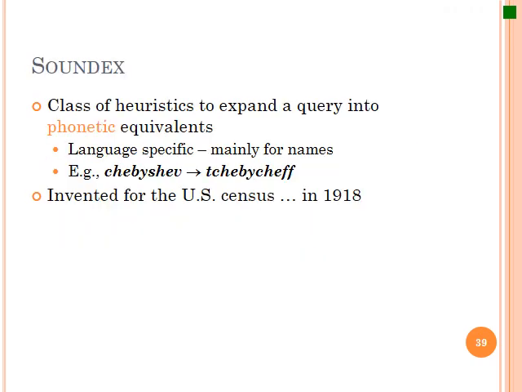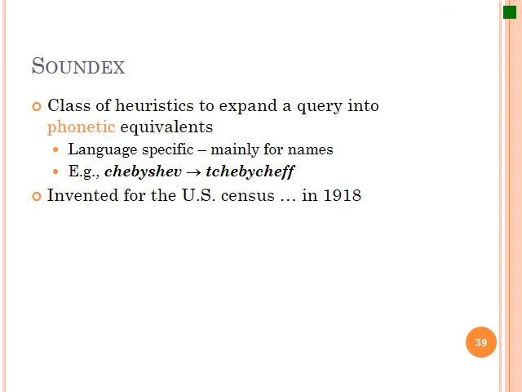Okay, the last topic I want to talk about is Soundex. The idea is that you want to be able to expand the query into an equivalence class of words that sound similar to the query.